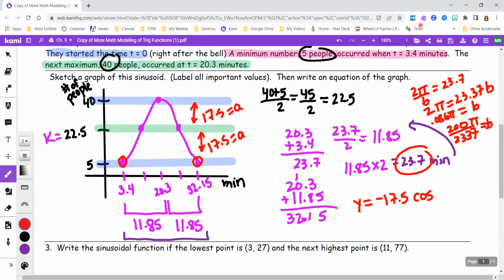So I'm going to put that in front of my x. So it's negative 17.5 cosine.